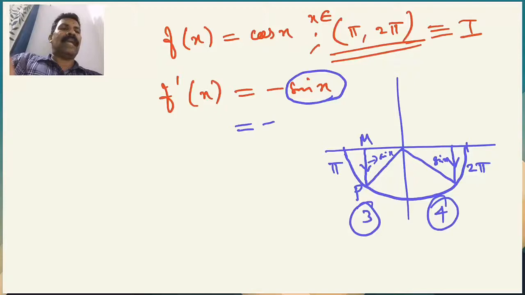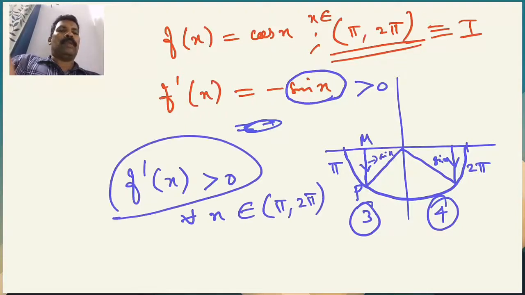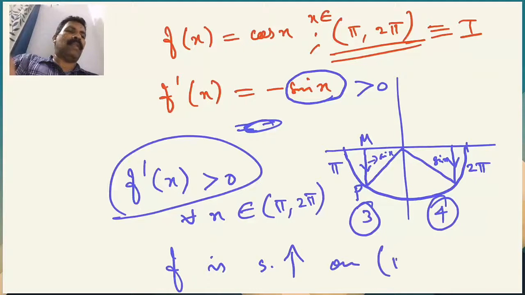So, simply speaking, the derivative is positive for all x belongs to pi to 2 pi here. So you can conclude that the given function is strictly increasing on the given interval pi to 2 pi. Is it very simple? Yes, it is.